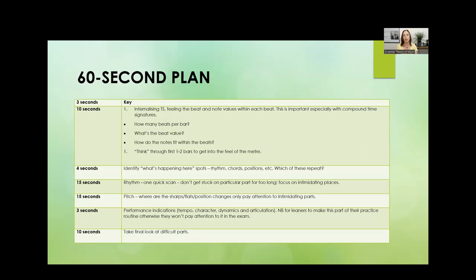Okay, so those places can be pitch, it can be rhythm, it can maybe be, in the case of guitar, position that they realize they'll have to have a look. So they just need to be aware of those areas that they need to specifically pay attention to and focus on in their preparation. Then 15 seconds for rhythm.